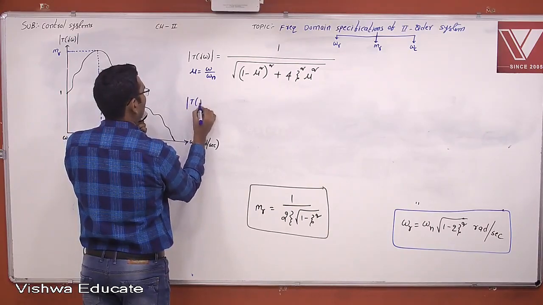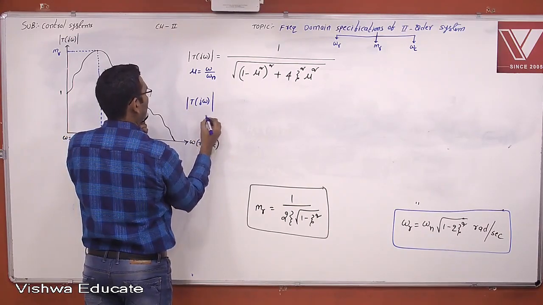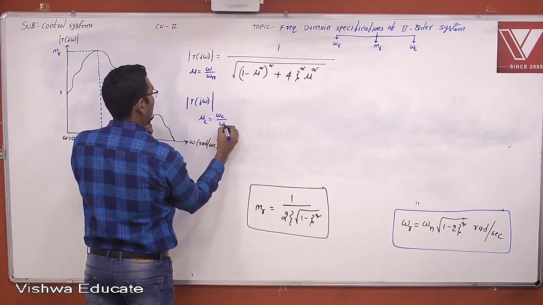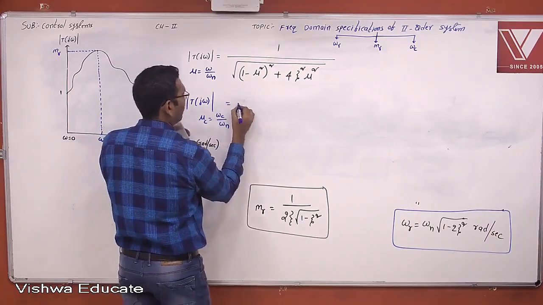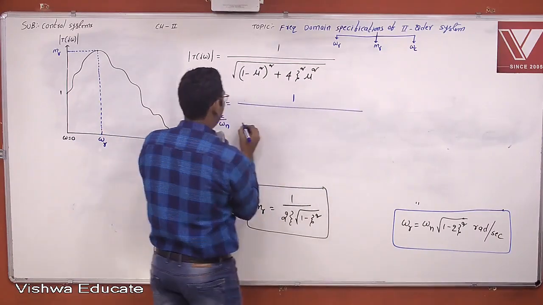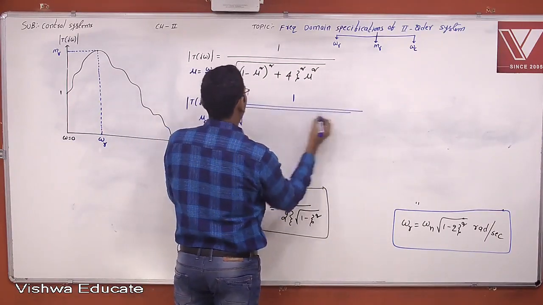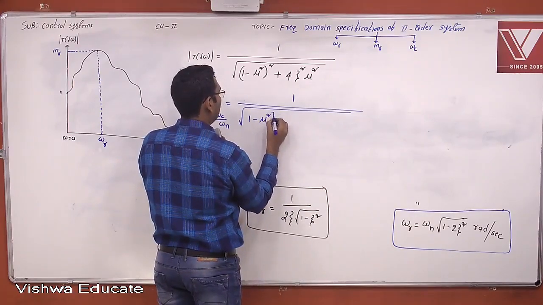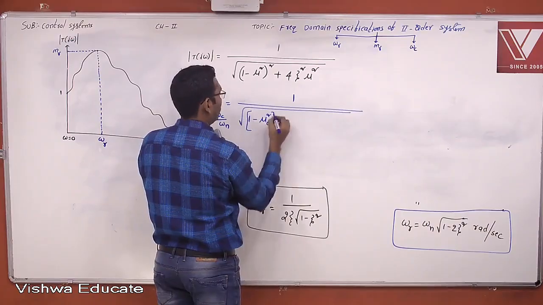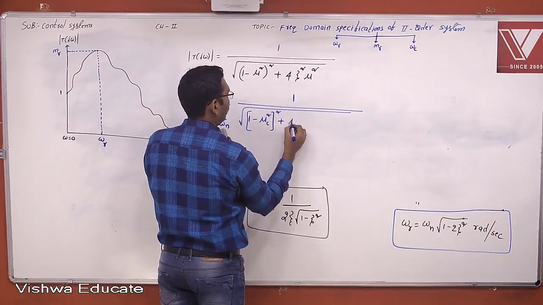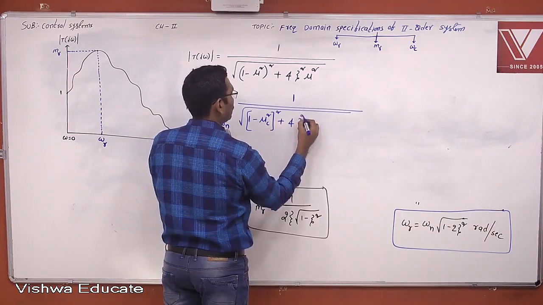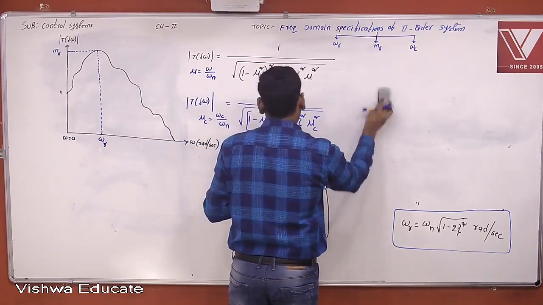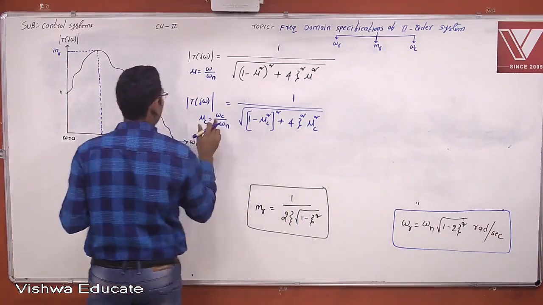So T of j omega at mu c, which is omega c by omega n, is 1 divided by square root of 1 minus mu c square, whole square, plus 4 zeta square mu c square. So this gives the cutoff frequency omega c.